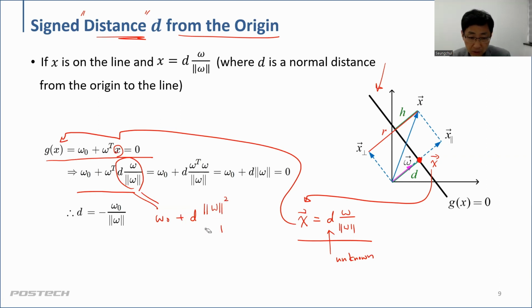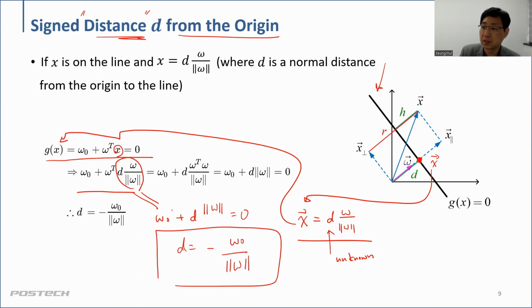And we can compute that. That's exactly what we want to have. All right, given any straight line, we are able to compute the distance d from the origin.